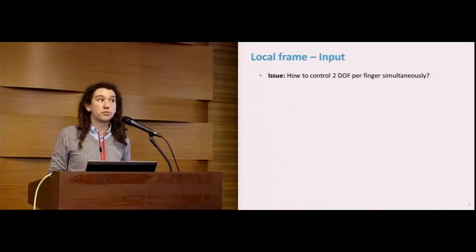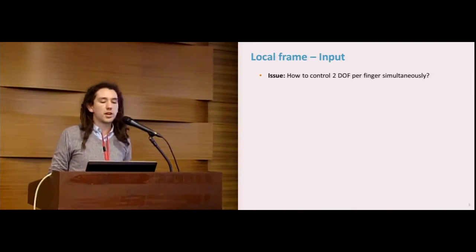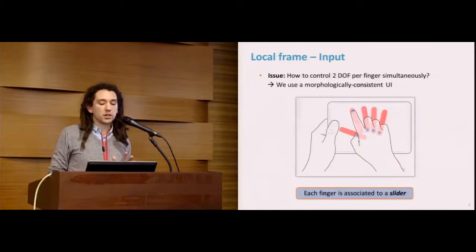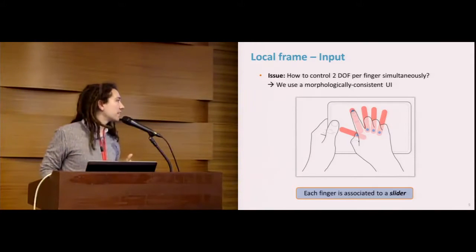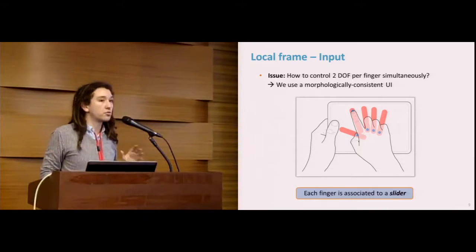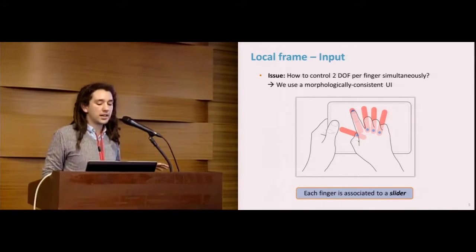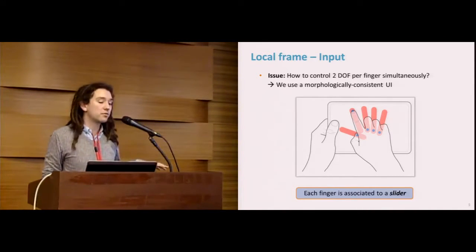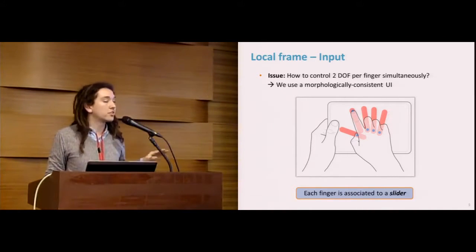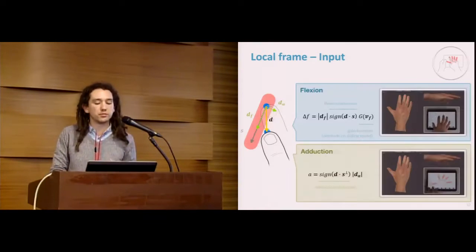So this leaves us with 2 degrees of freedom per finger for a total of 10, which is still a challenging amount of degrees of freedom to control. So in order to make this more transparent, we have a user interface that is consistent with our task, and it takes the form of a set of sliders that appear under the user's finger when he first puts his hand on the tablet, and then the user only has to perform those flexion and adduction motions relative to the slider to modify those parameters and control the hand model.